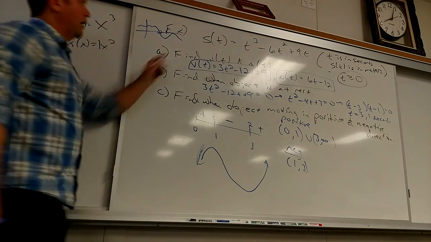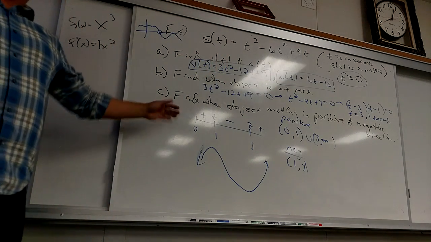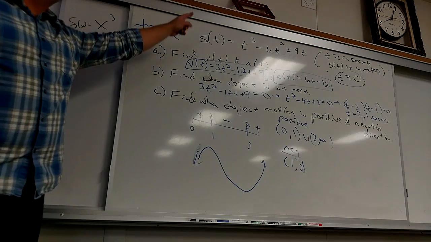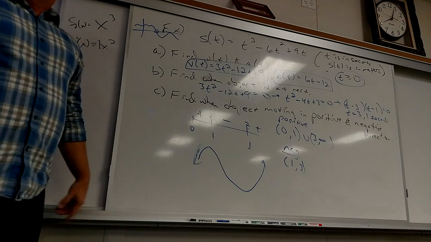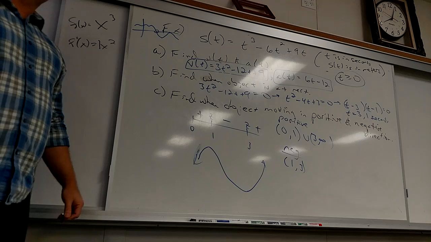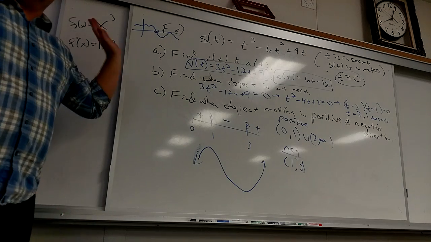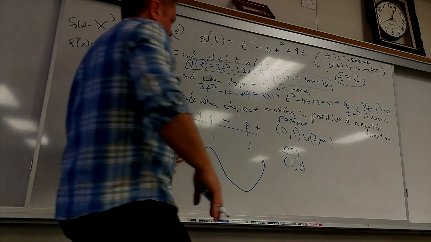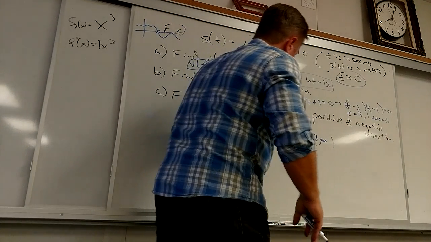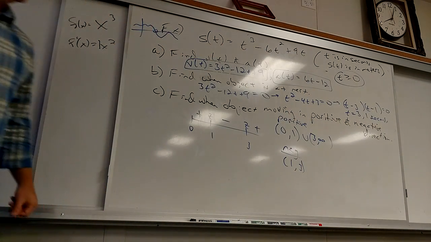So I bet you anything if I graph that thing, it's going to look like that. Which we sort of already knew. It's supposed to be a t cubed, right? Yes, no, maybe so? Okay. So that's going to come in handy later in chapter 4.